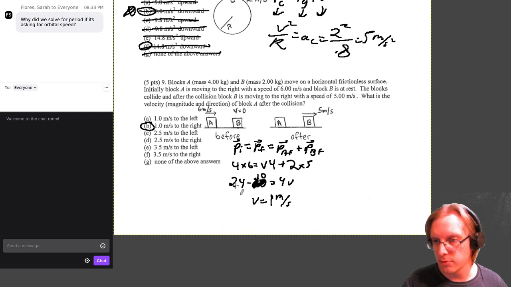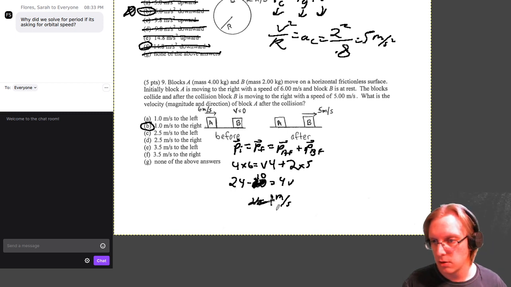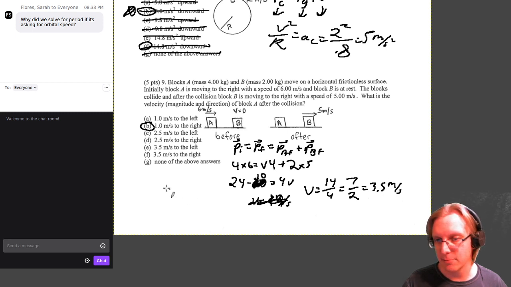Right? 2 times 5 times 10. 14. Yes. So then V is equal to 14 over 4 is equal to 7 halves is equal to 3.5 meters per second. I can math it. There we go.